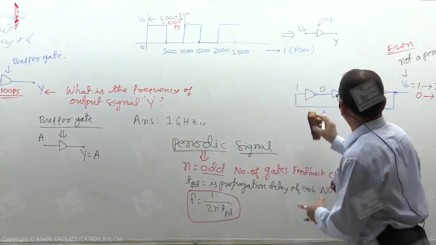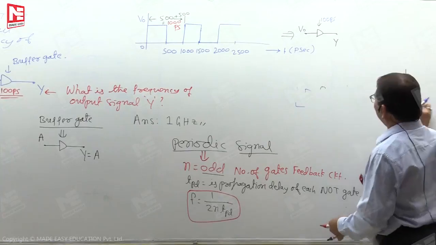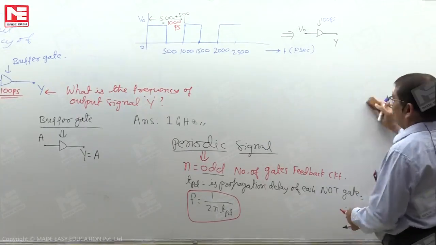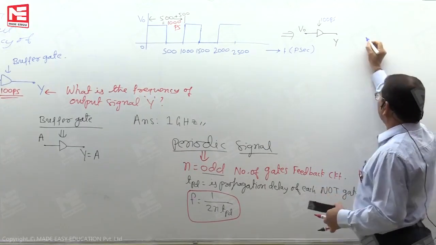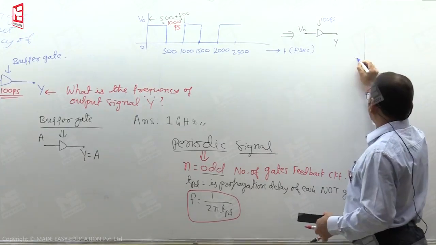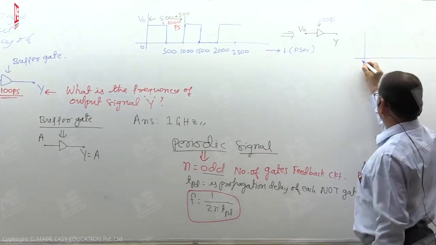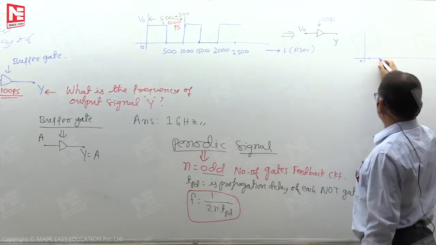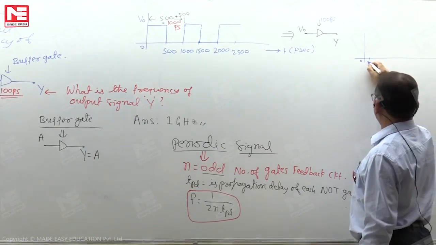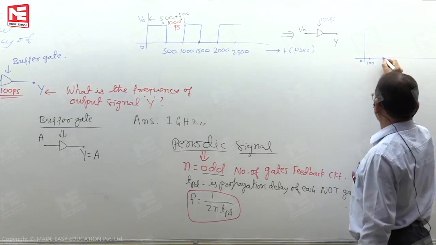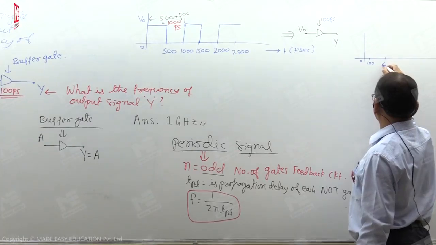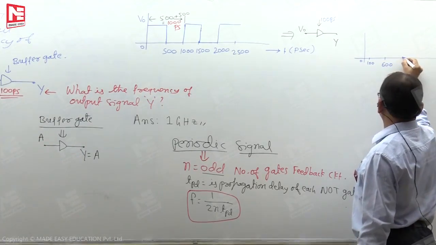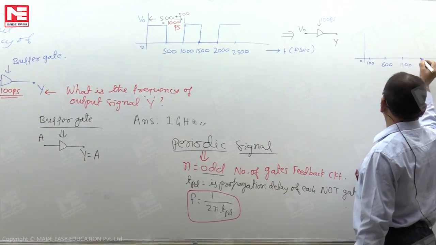If you want a little more clarity, I can draw the waveform here like this. It is 100. It will be now 600. It will be now 1100.